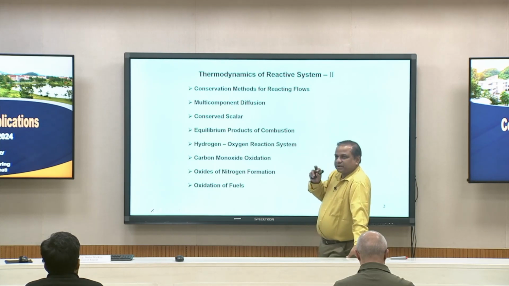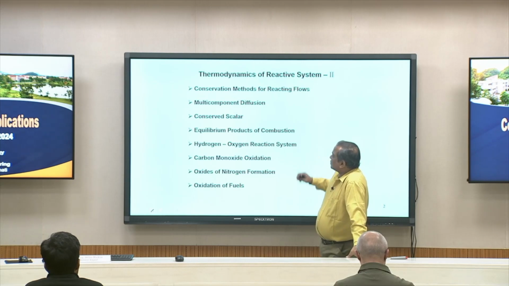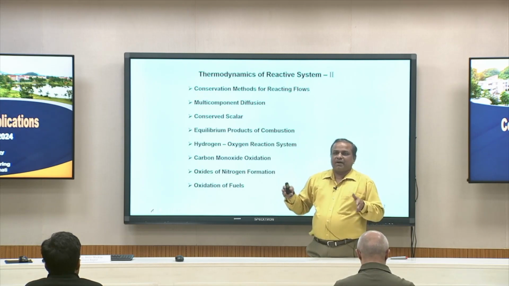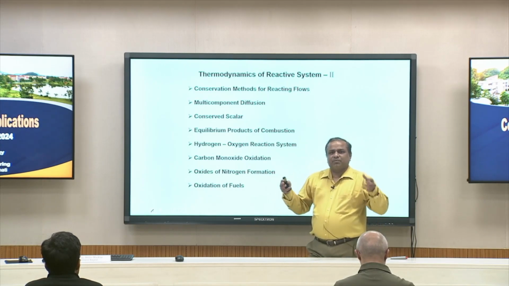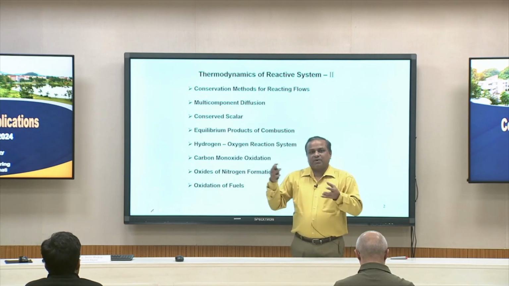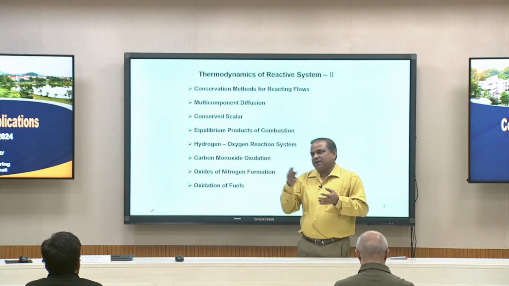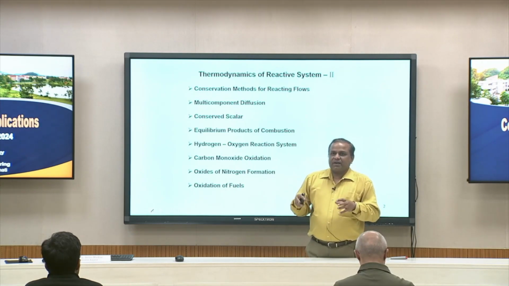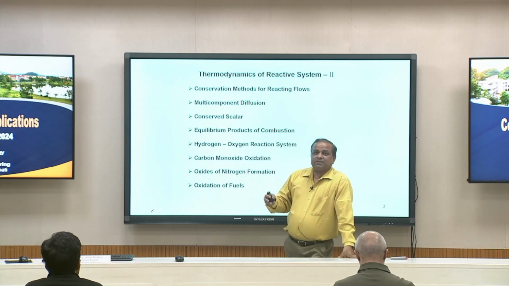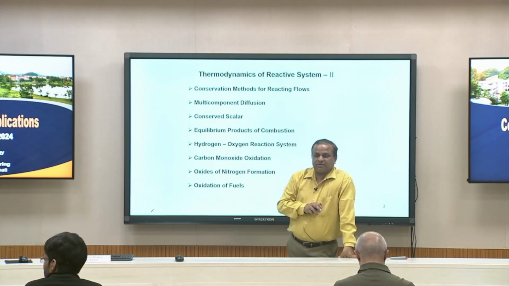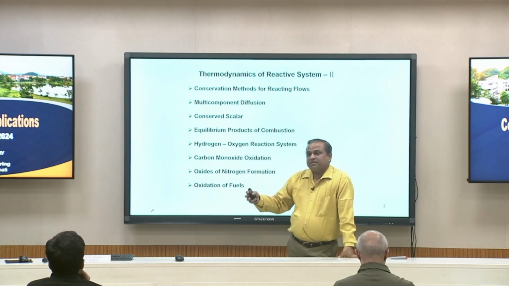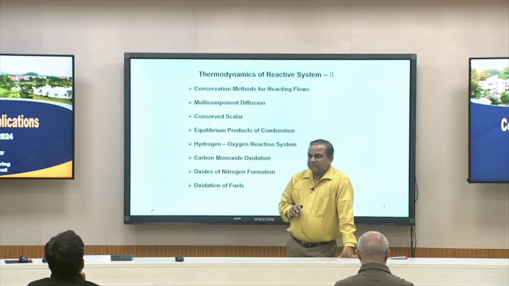But from the chemistry point of view, if you look at that curve, you will find NO formation comes in both lean as well as rich. CO formation is also formed in the lean and rich. But is there any mechanism by which we can say NO formation in the lean region is because of this reason, and formation of CO and NO in the rich region is because of a certain reason?